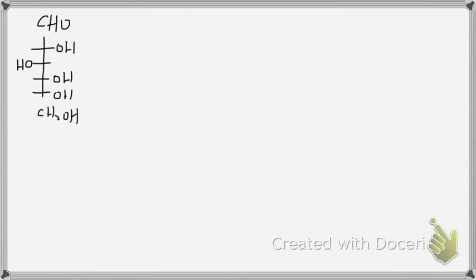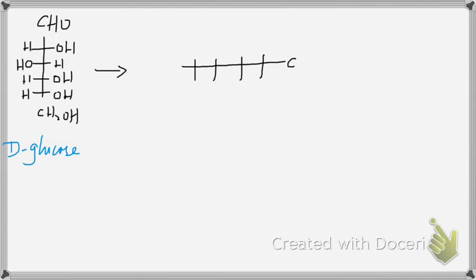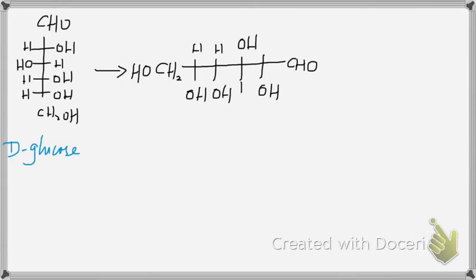Let's take a look at one more example here, D-glucose. Let's follow the exact same procedure as we described just now. First step, you want to lay the molecule down, carbon 1 on the right-hand side. Keep the stereocenters. OH on the right side in Fischer projection will be pointing down.